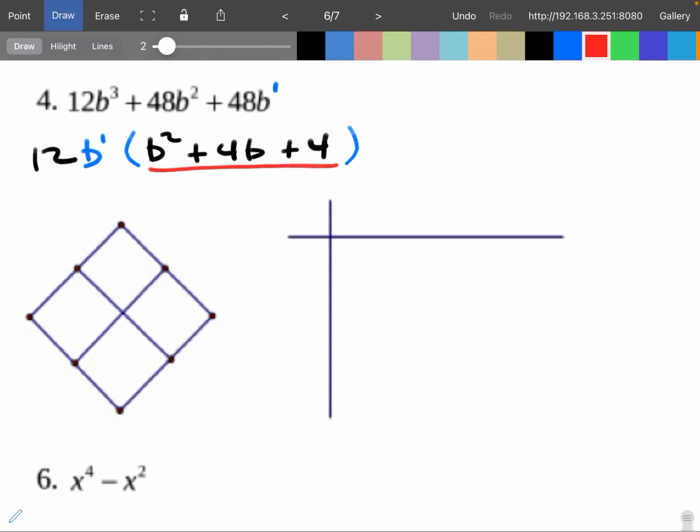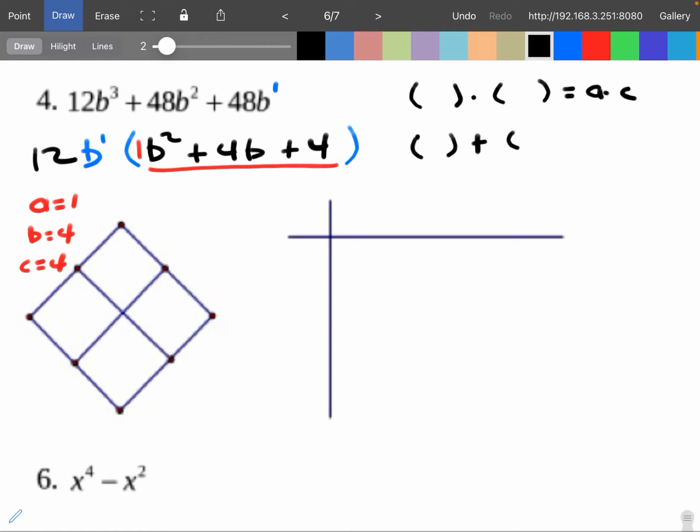So now, again, now you have to look inside of here and factor that again, if it factors. The a here is 1 for what's inside the parentheses. So for what's inside the parentheses, we have a equals 1, b equals 4, c equals 4.